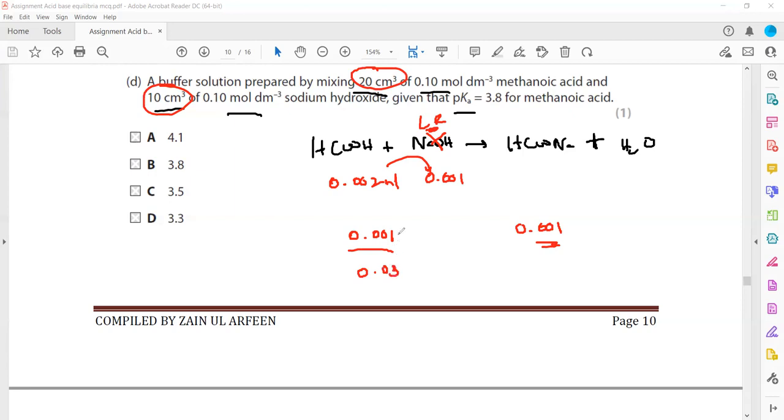So 0.001 divided by 0.03, that makes 0.03 there. And 0.001 divided by 0.03, that also makes the same 0.03.